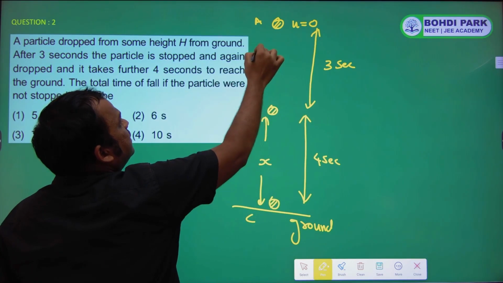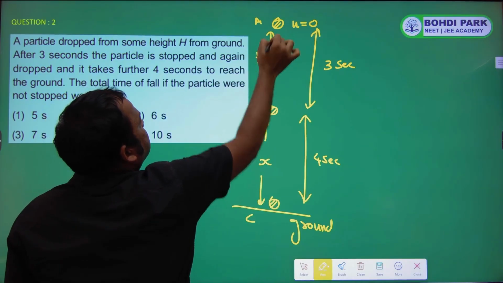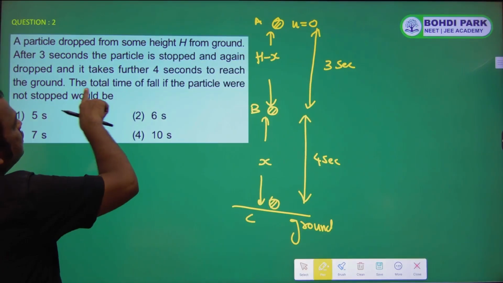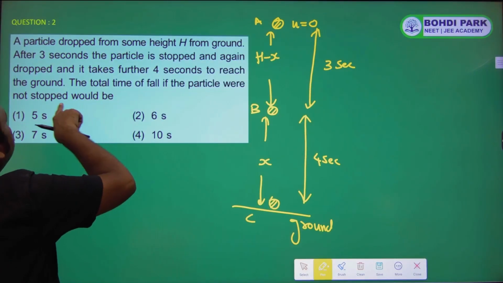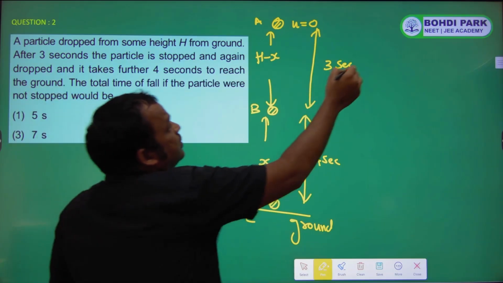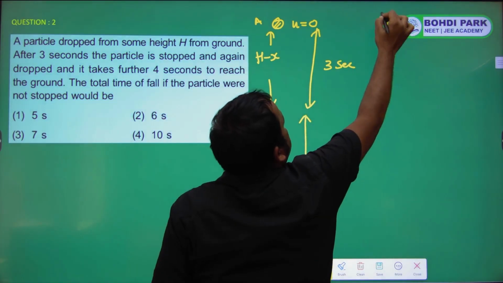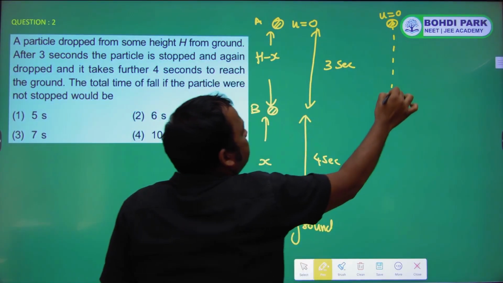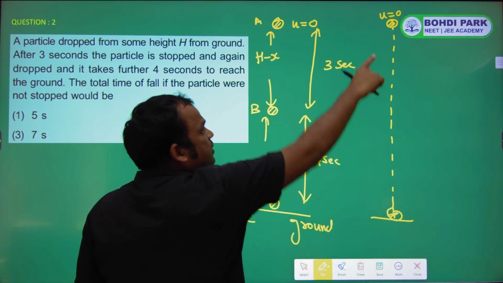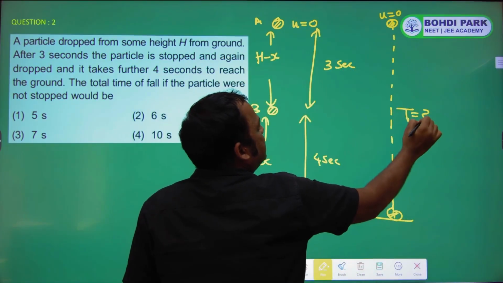So A to B is h minus x. So now we have to find the total time of fall if the particle were not stopped. So if the particle is not stopped, initial velocity will be 0 and free fall will take place and it will hit the ground. Okay, so this time we have to find capital T.